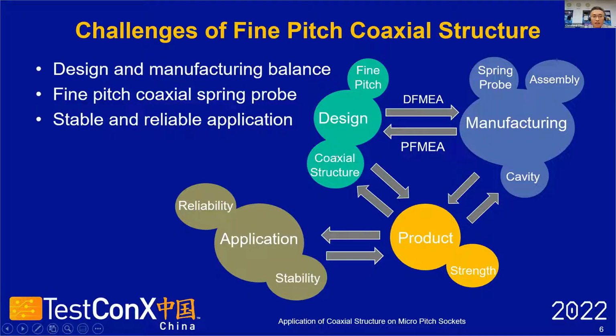For design, like the coaxial structure, fine pitch, the pin, cavity. For the manufacturing quality, like the pin components and the housing parts manufacturing, machining, and the spring probe and the final assembly and capabilities.